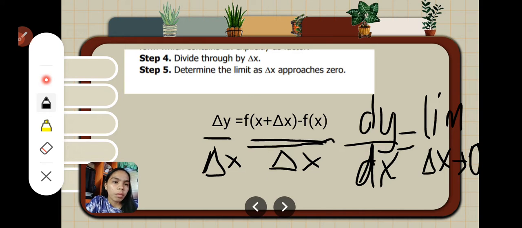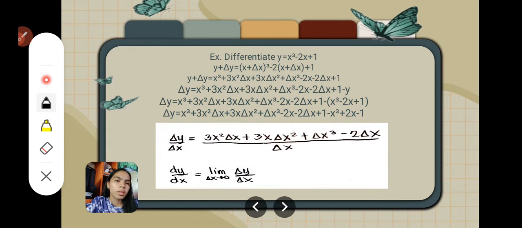We will be given one example for the derivative. Example: differentiate y equals x cubed minus 2x plus 1.